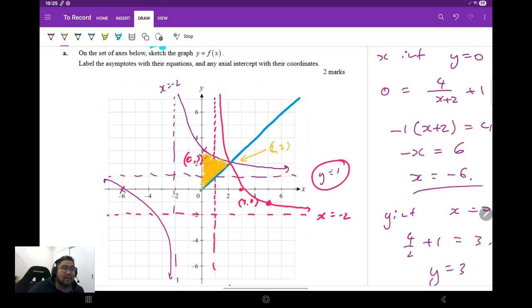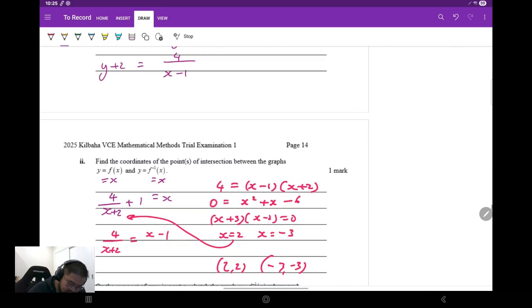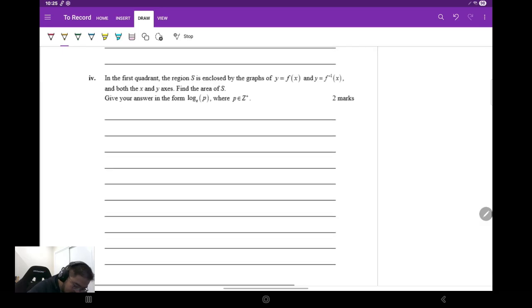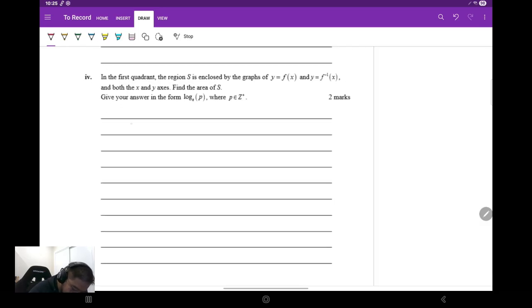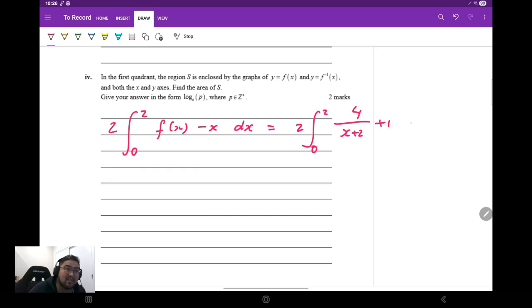All right, so let's do that now. So from 0 to 2, the purple line was f of x, subtract x dx, and we need to make sure that's doubled because we've got both the top component and bottom component. So this turns into 2 times the integral from 0 to 2 of f of x, which was 4 over x plus 2 plus 1, and then we're going to subtract x dx.